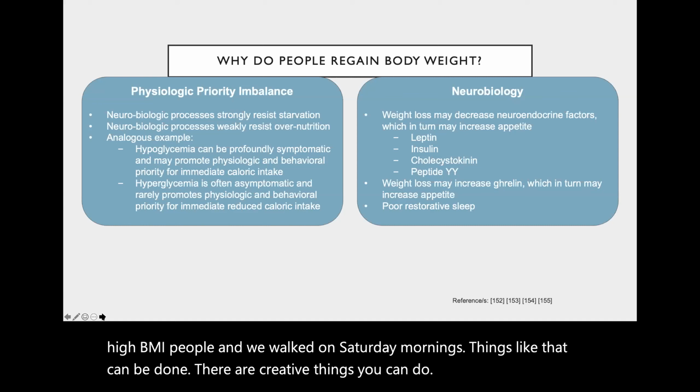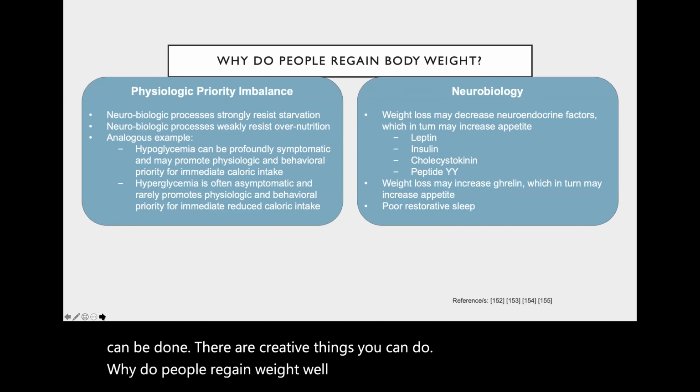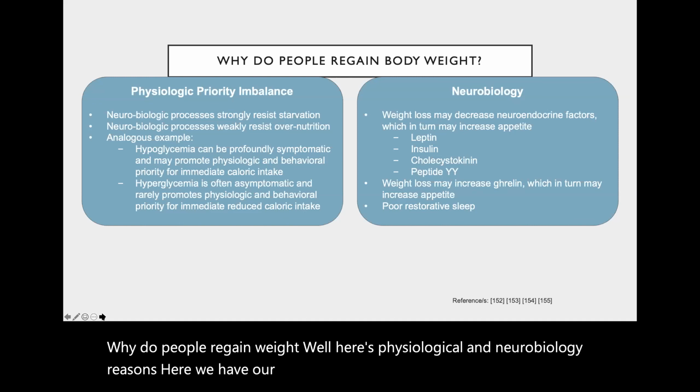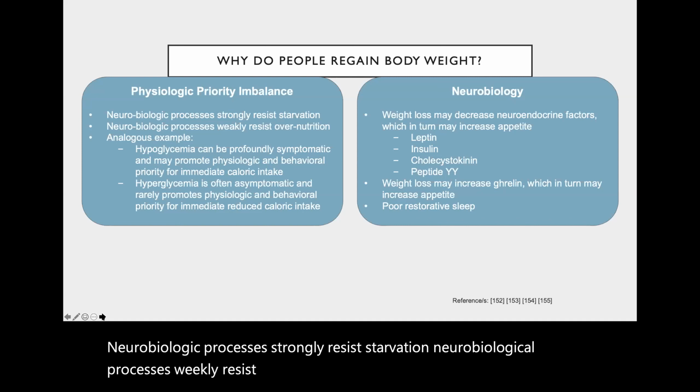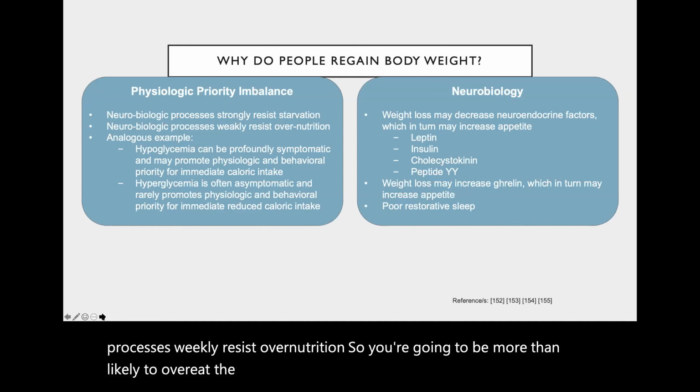Why do people regain weight? Well, here are physiological and neurobiology reasons. On the physiological side, there's a priority imbalance. Neurobiologic processes strongly resist starvation and weakly resist overnutrition. So you're more likely to overeat than undereat if you're given choices and there's food available.